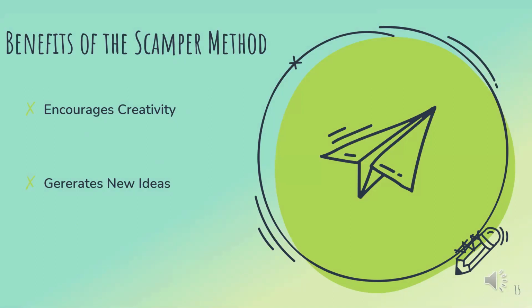Secondly, the Scamper method generates new ideas. It encourages new and creative ideas through the use of brainstorming. These can reveal where obstacles occur in current practices and develop solutions to combat these barriers. This outside-the-box thinking allows participants to identify the issue of the problem, and participants can then propose alternative solutions and apply those that work best.